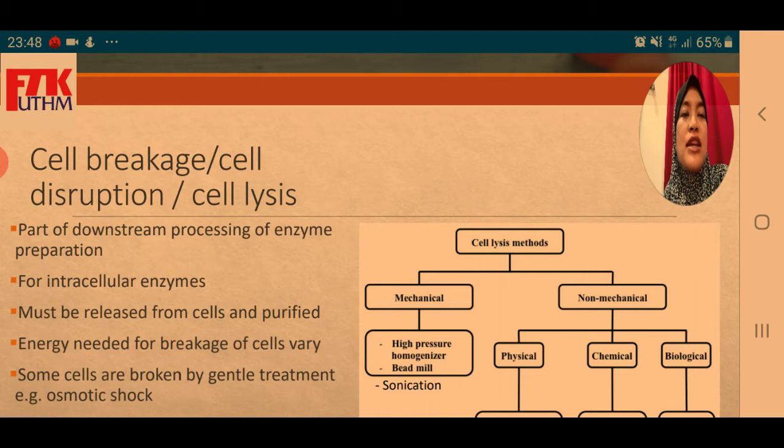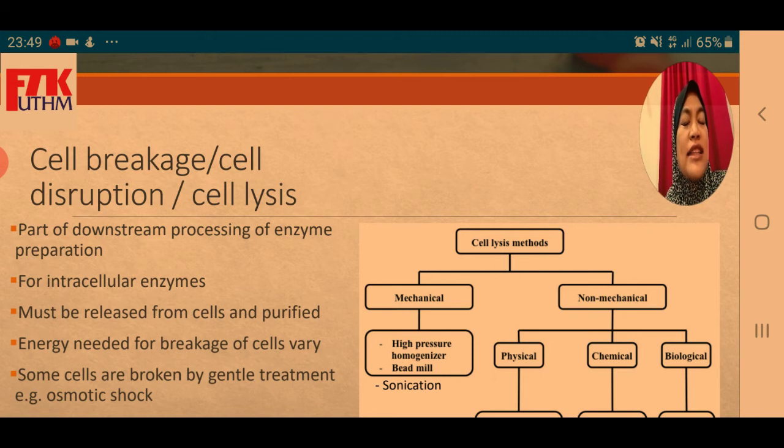After we separate the biomass from the liquid portion, we will look at whether the enzyme of interest is extracellular or intracellular, in which case for intracellular enzyme we need to perform the cell breakage in order to release the enzymes of interest from the cells and further purify them.